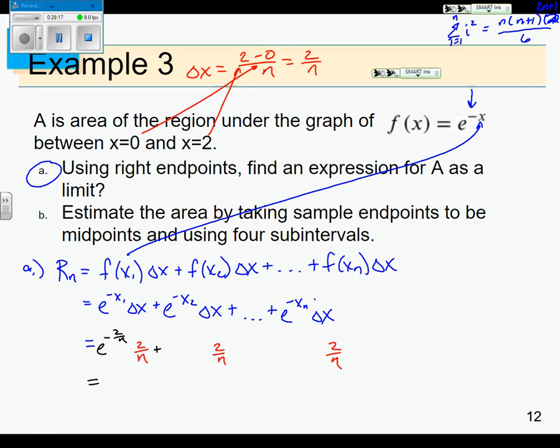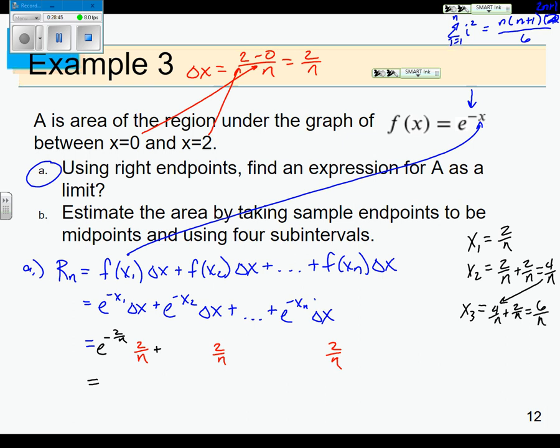Let me show where these are coming from. We said that my x1, if I was to draw my graph, would simply be equal to my delta x, 2 over n. My x2, working that out, would be equal to my x1 plus a delta x, which is 4 over n. My x3, again, I'm just bringing down the previous one and adding a delta x.